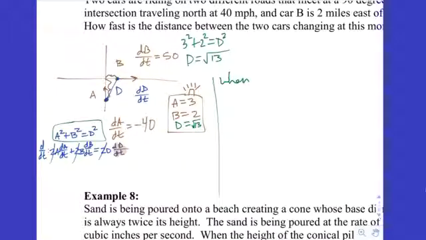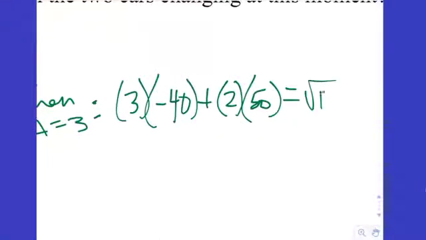So I'll just say when A equals 3, we get 3 times dA/dt, which is negative 40, plus B at the moment was 2 times dB/dt, which is positive 50, equals the square root of 13 times dD/dt.